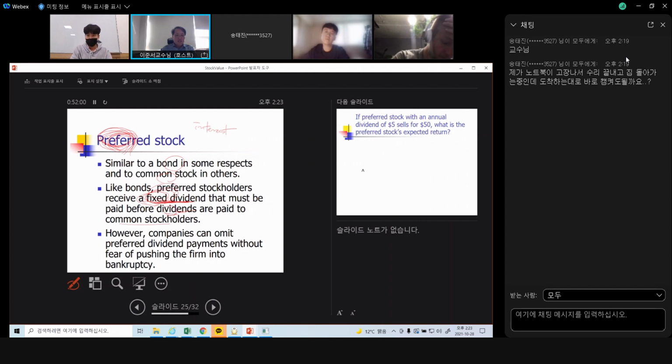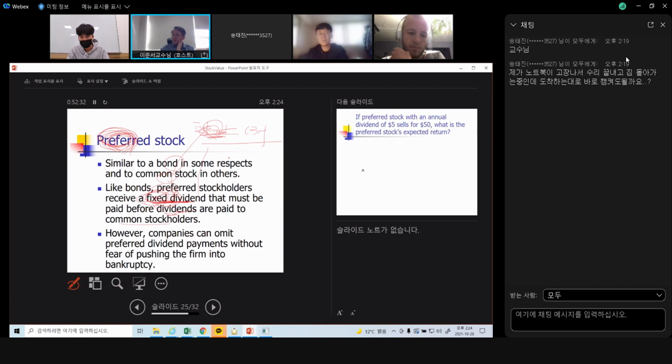The fixed dividend has the same meaning as the bond because it's a fixed amount. However, companies can omit the preferred dividend payout without fear of pushing the firm into bankruptcy. So if companies do not provide the interest to the bondholders, that is one factor to go bankrupt, right?